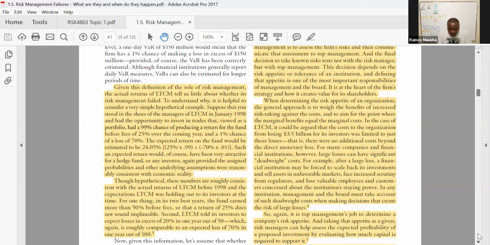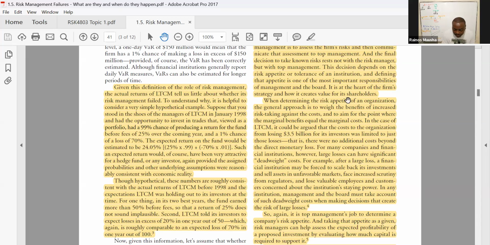Suppose that you stood in the shoes of the managers of LTCM in January 1998 and had the opportunity to invest in trades that, viewed as a portfolio, had a 99% chance of producing a return for the fund before fees of 25% over the coming year, and a 1% chance of a loss of 70%. So the expected return on the fund would be estimated to be that.